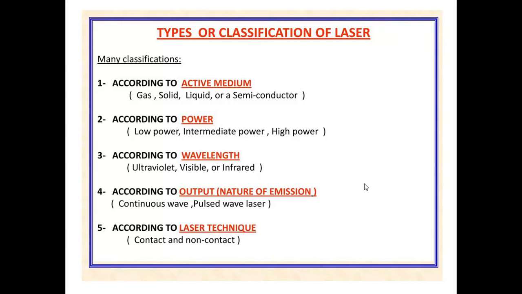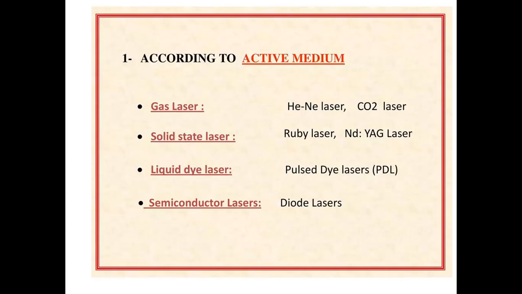The point to note here is that the classification can be made based on many things, so you have to understand on what basis you are classifying the laser. Then, according to laser technique, there are contact and non-contact categories.